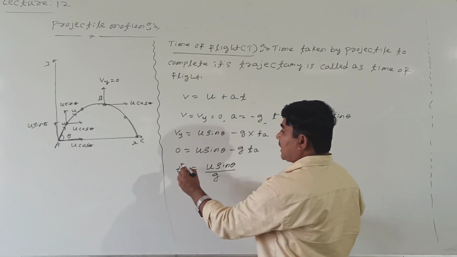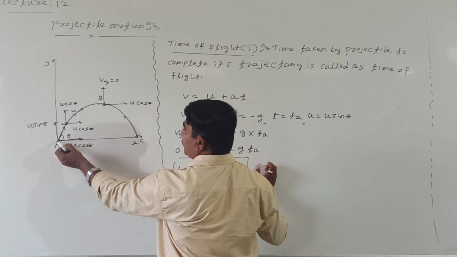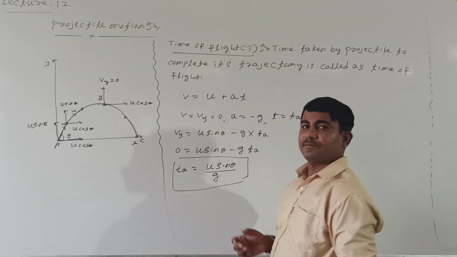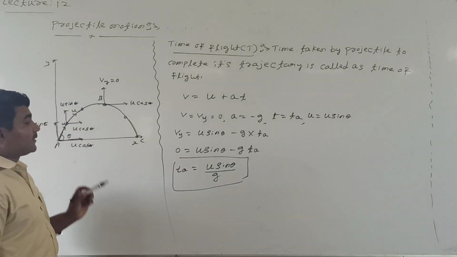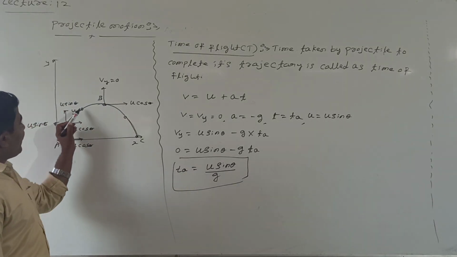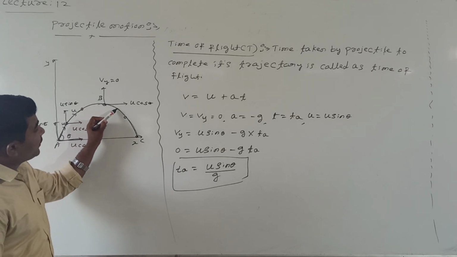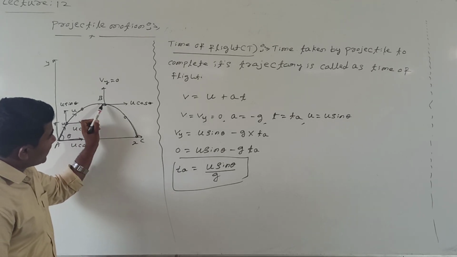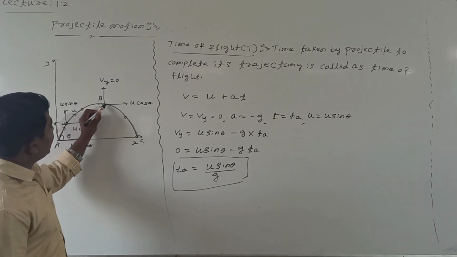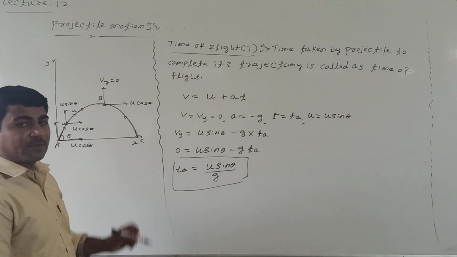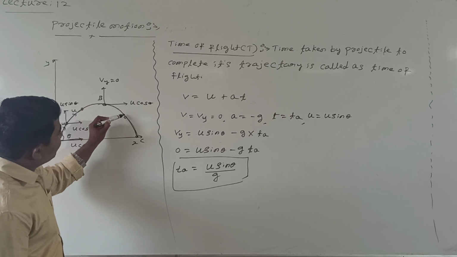This we are calling time of ascent, from position A to B. Then what comes from B to C? The time taken from ground to maximum height we are calling time of ascent, and the time taken from maximum height to reach the ground level we are calling time of descent. How much time is taken from A to B, the same amount of time is taken from B to C also.